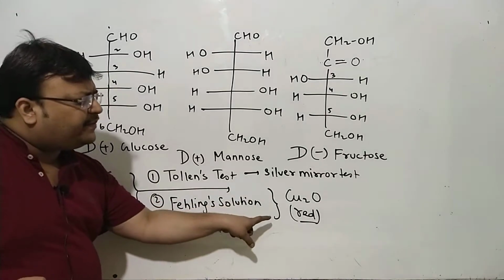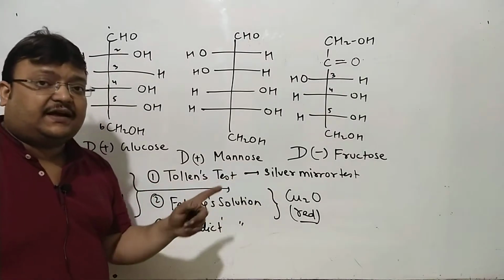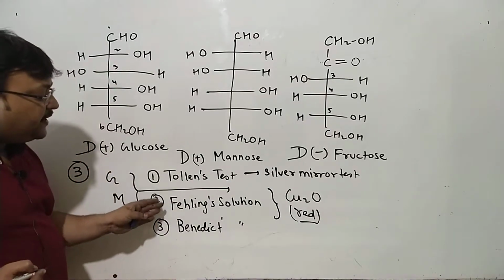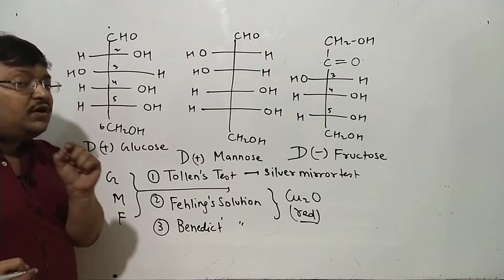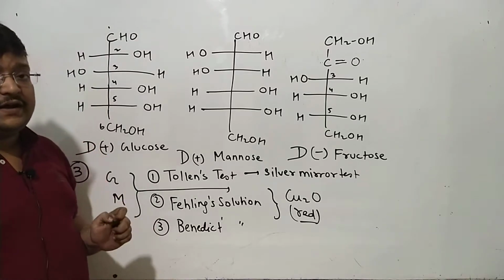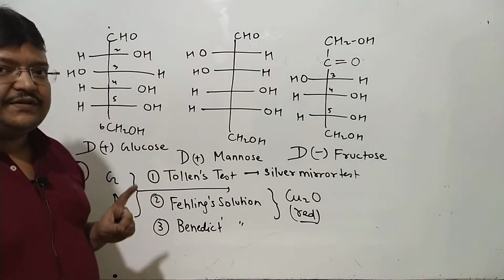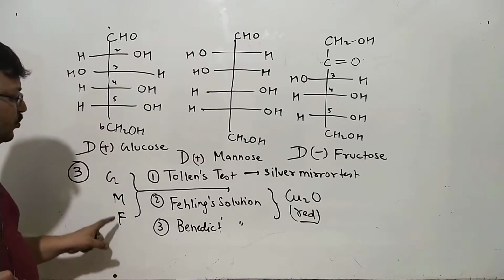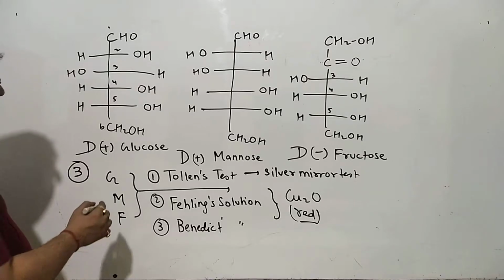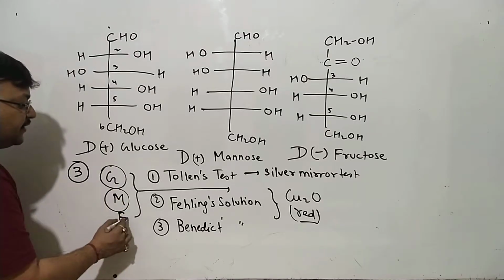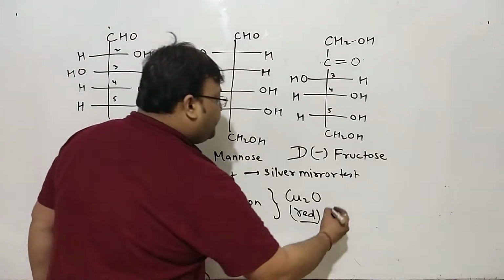So either a red precipitate or a silver mirror is a positive Fehling's, Benedict's, or Tollens test. You remember, these are given only by aldehydes, not by ketones. Glucose, mannose, fructose, all the three will give all the tests positive.